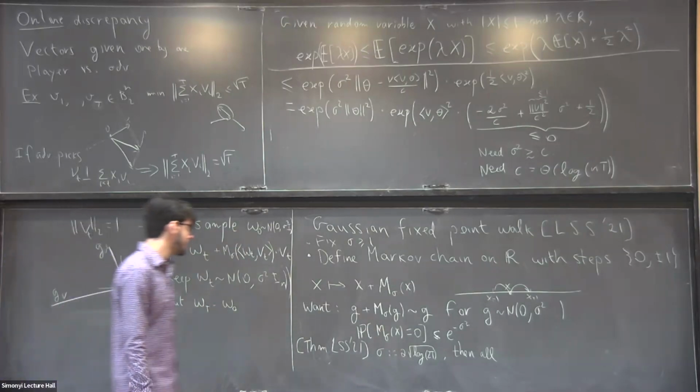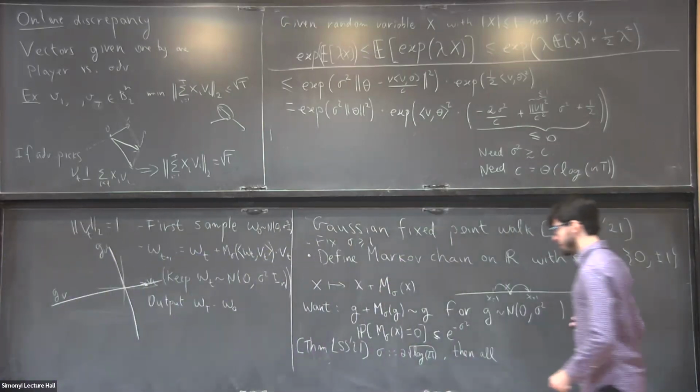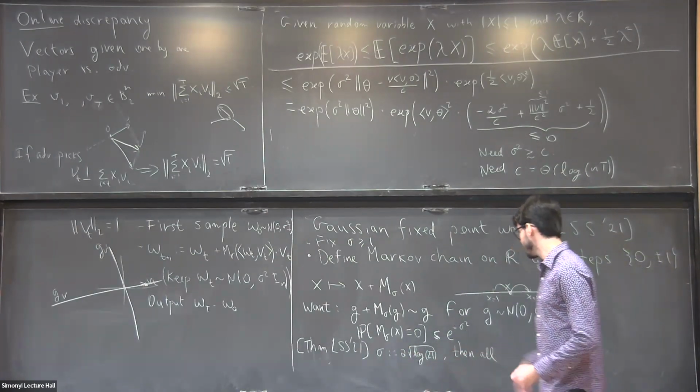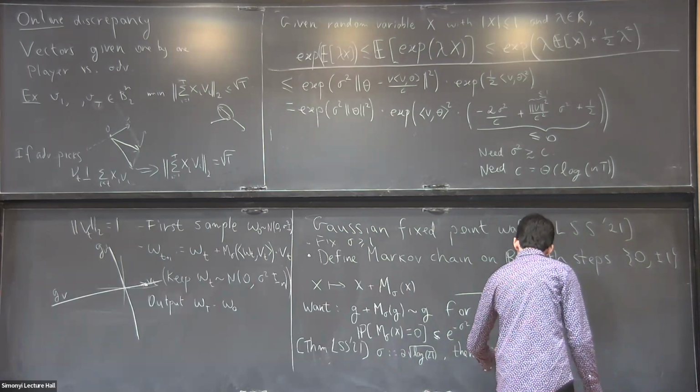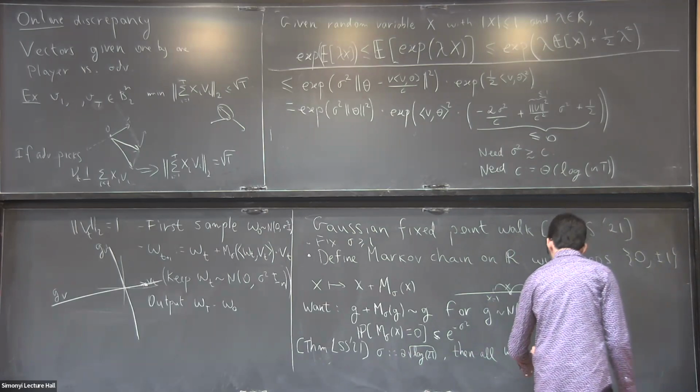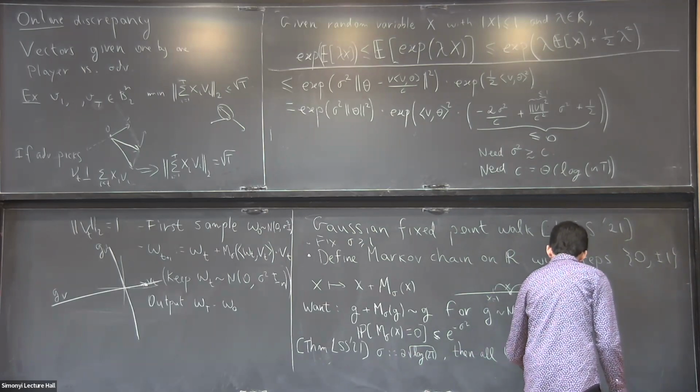Okay, so what they proved is that such a Markov chain exists. And if I take sigma to be large enough, like square root log t, then all the positions are 2 sigma sub-Gaussian.